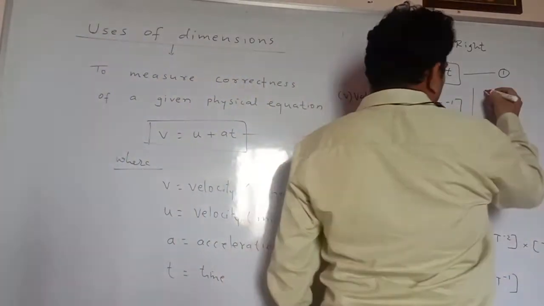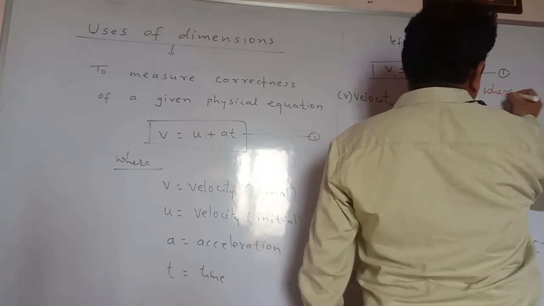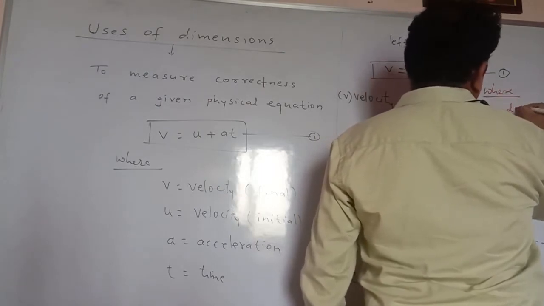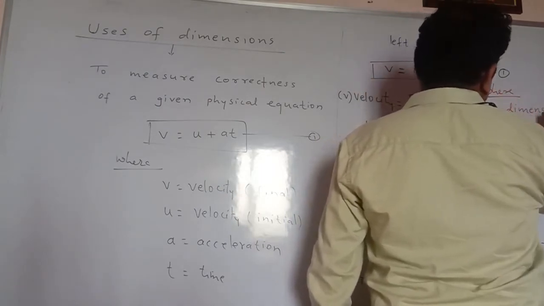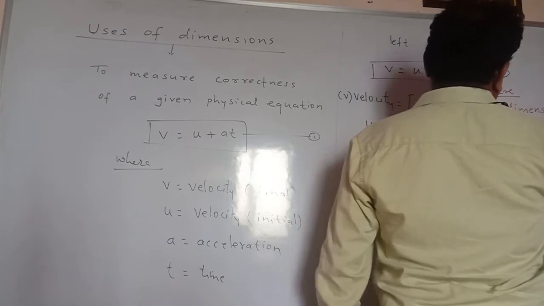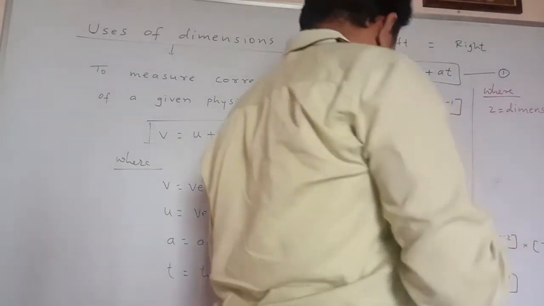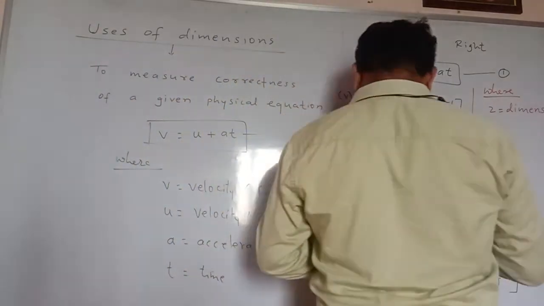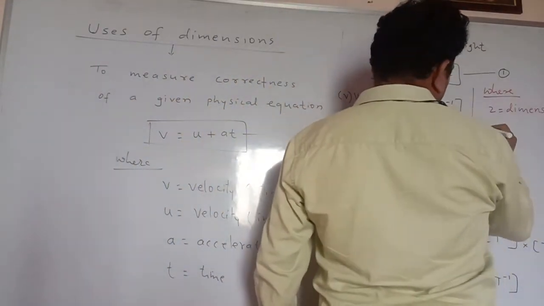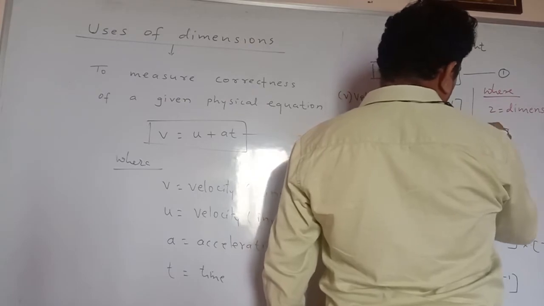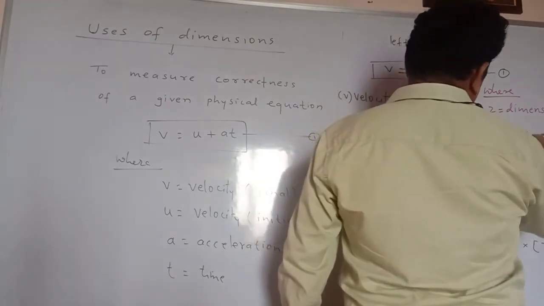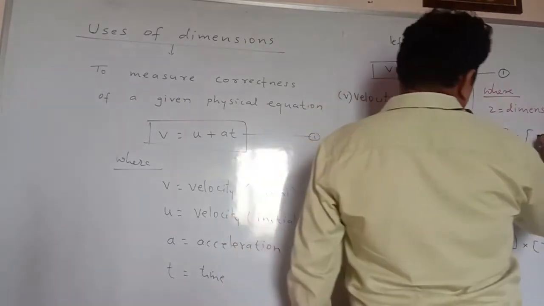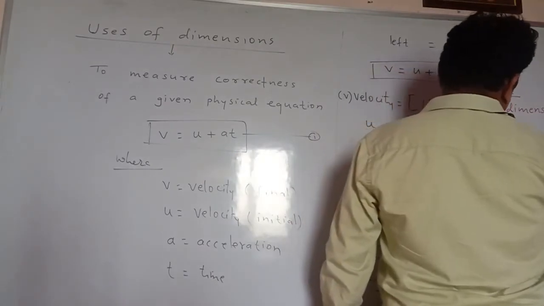So where 2 is a dimensionless quantity, therefore the right hand side and left hand side, L1 T minus 1, is exactly equal to the right hand side, L1 T minus 1.